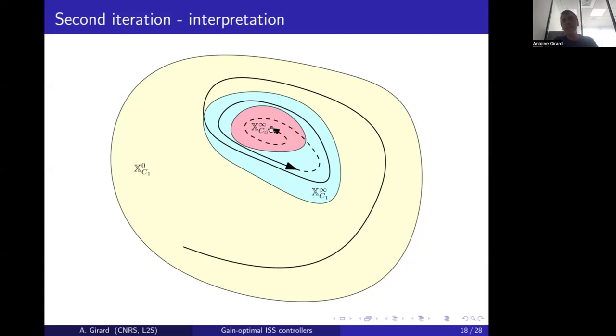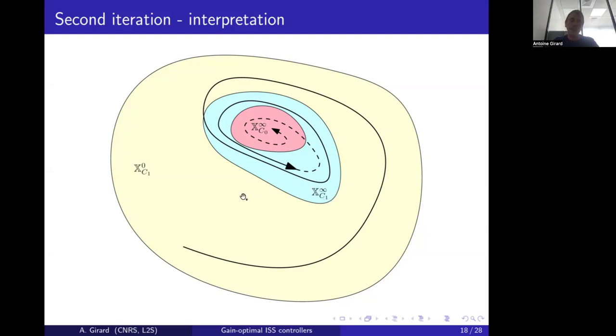What we guarantee is that if at some point the disturbance comes at the lowest level, then the trajectory is going to enter that red region and stay there as long as the disturbance stays at the zero level. And if the disturbance goes back to the first level, then we might exit this red region, but we know that we are never going to exit this blue region.